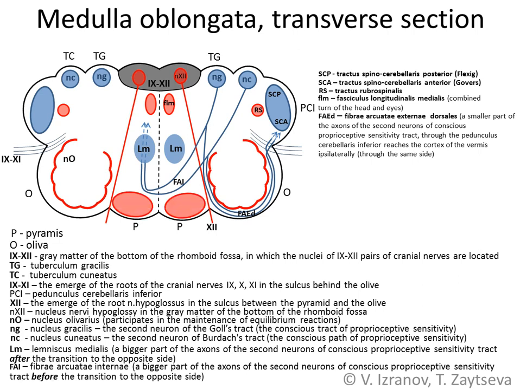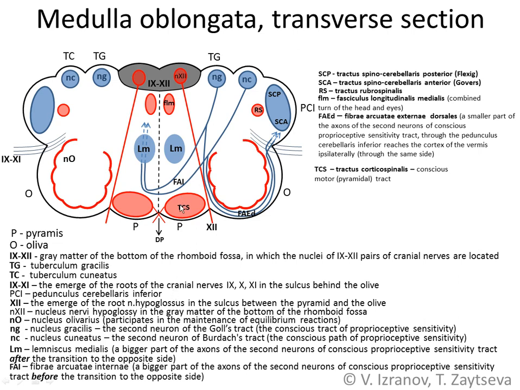And here, inside of the pyramis, we can find tractus corticospinalis, which is responsible for conscious motor movements of the muscles of the body and extremities.